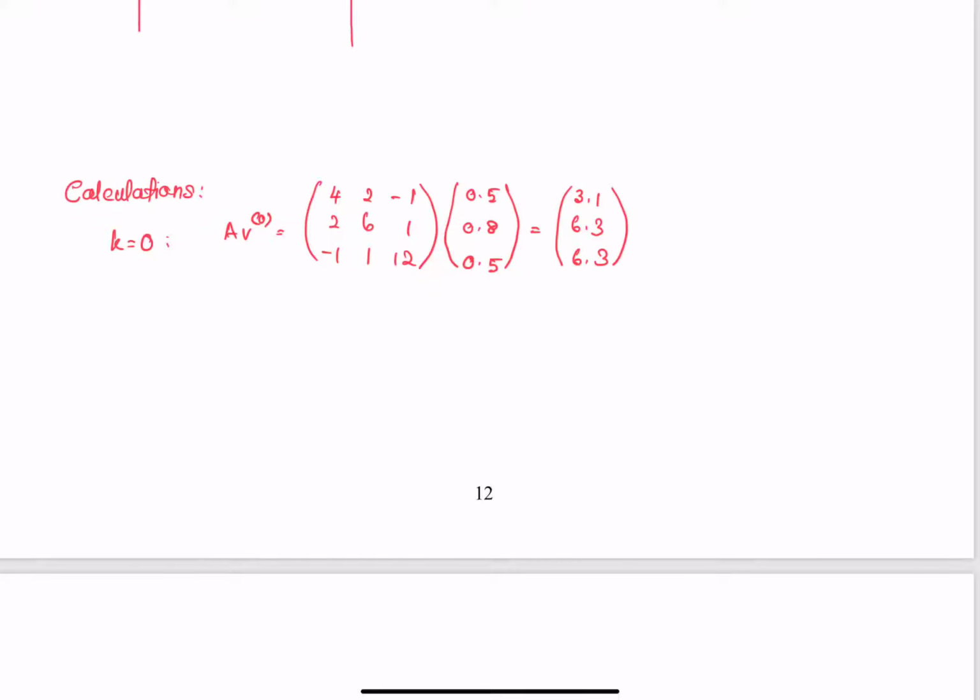So from here we know that our MK plus 1, which is M1, is equal to 6.3.